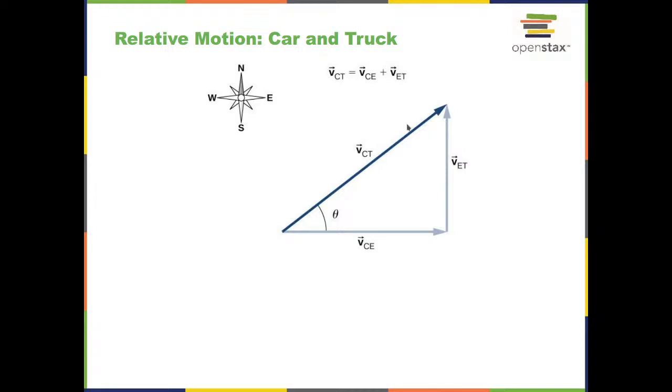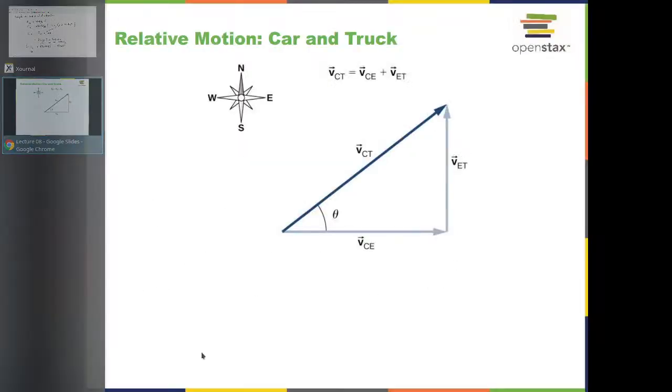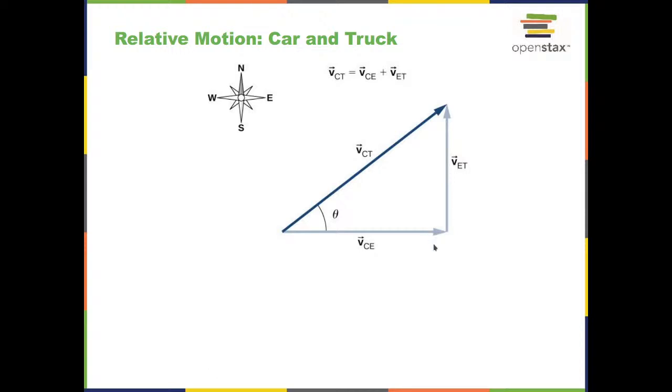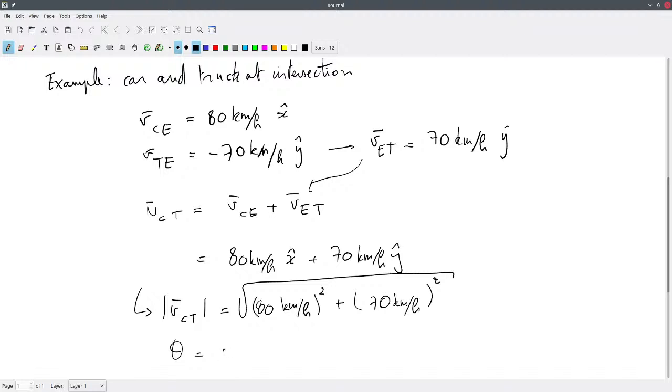If I'm thinking from the point of view of the truck, which is the reference frame here, the car is coming at me with that vector and in that direction, and we can actually calculate this angle theta here. Theta will be the inverse tangent of VET over VCT, so that will be tan minus 1 of the VET magnitude over the VCT magnitude. And if you plug in the numbers, you'll find this is 41.2 degrees.